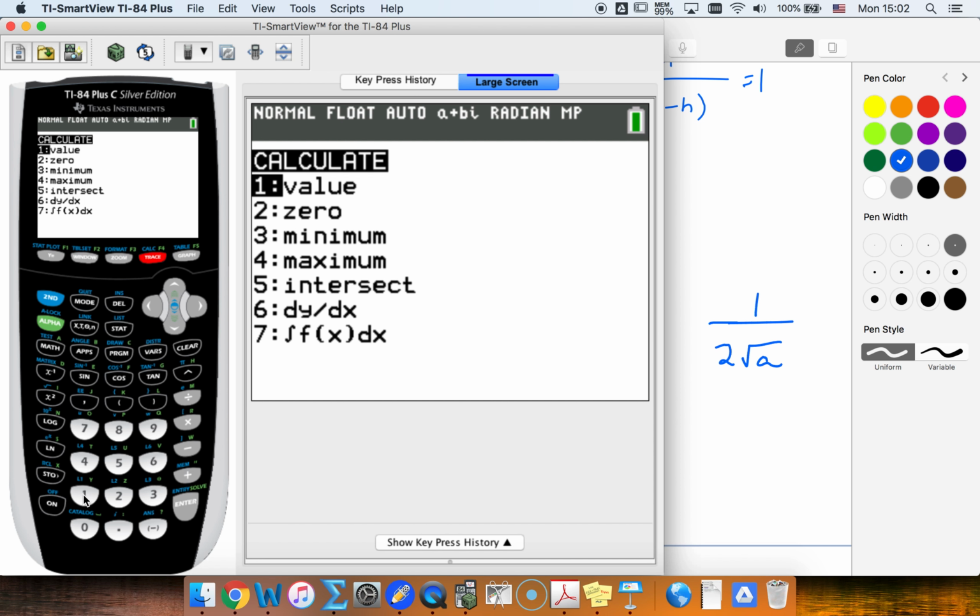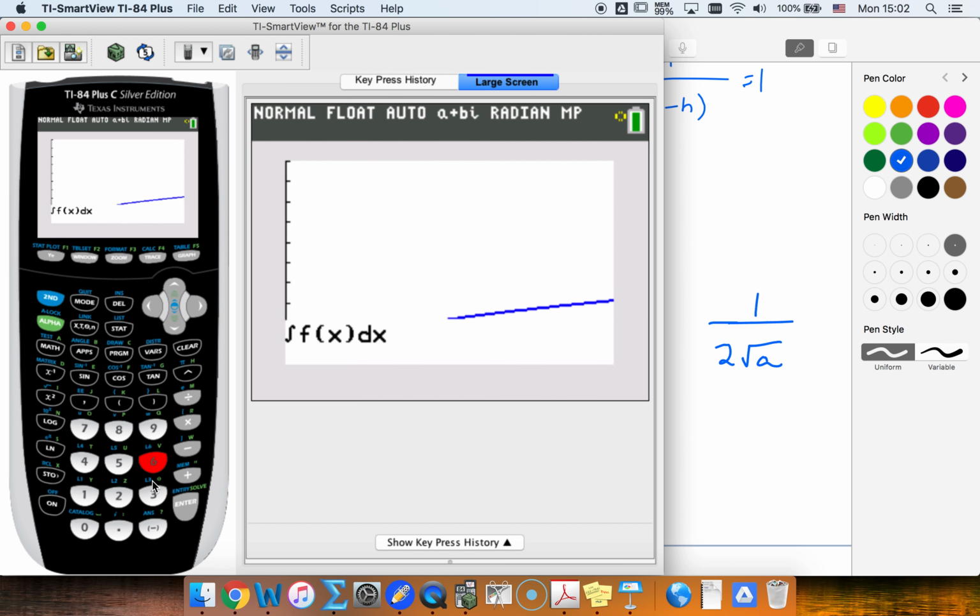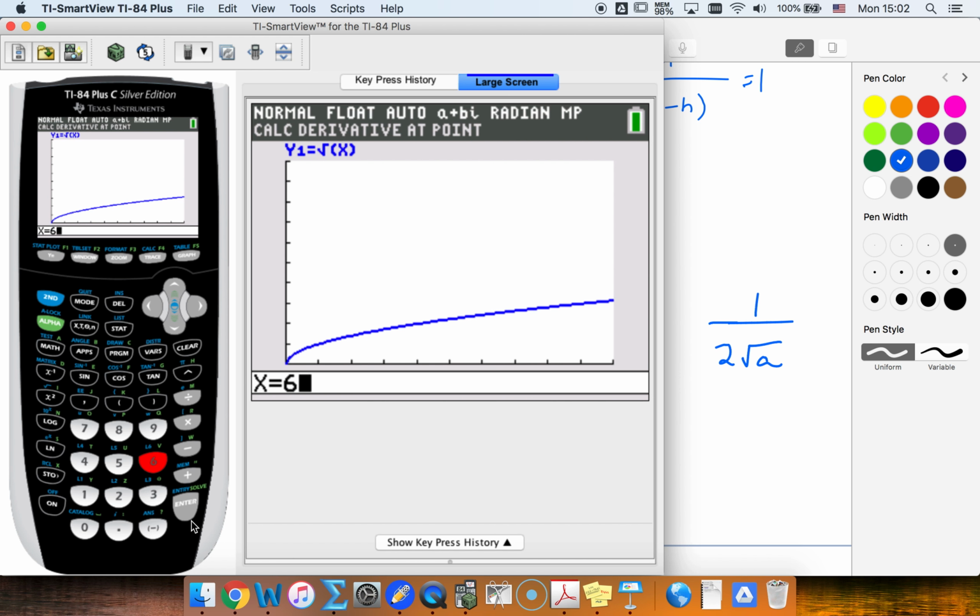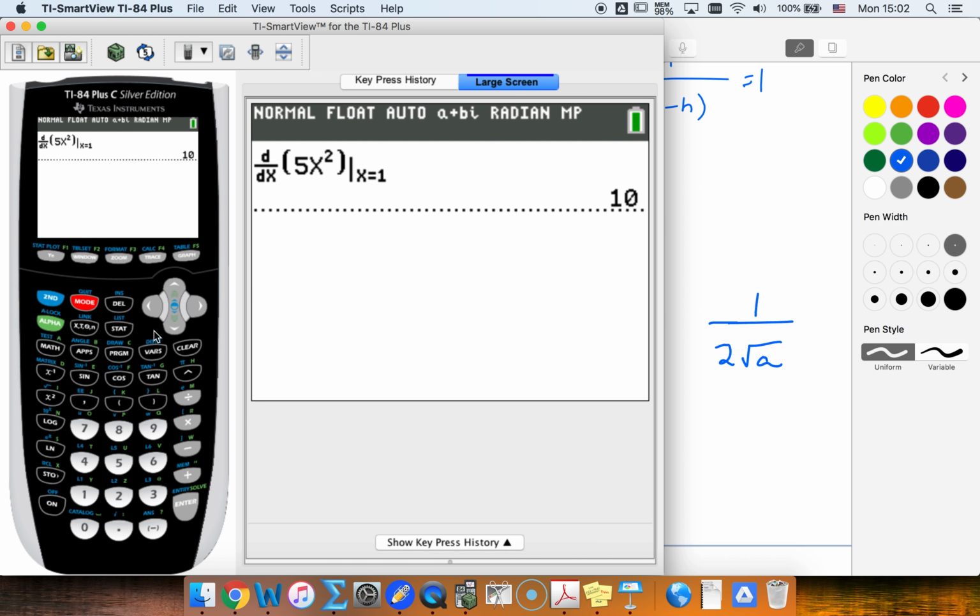Calc. Derivative, x equals 6. And we get this value. If I calculate 1 divided by 2 root 6, then I can see that I have the same value.